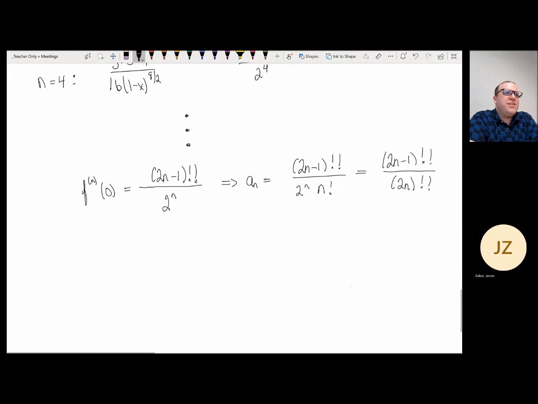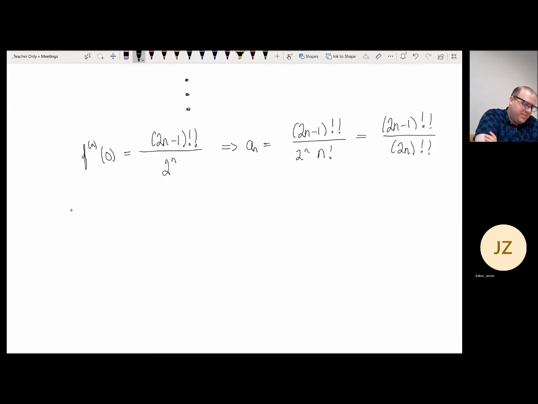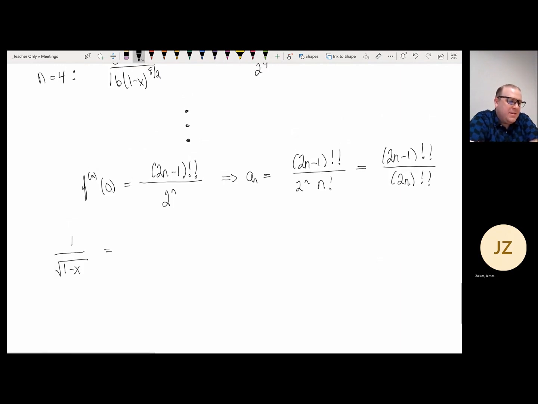So when we go to write the summation, would we be able to start it with n equals 0?